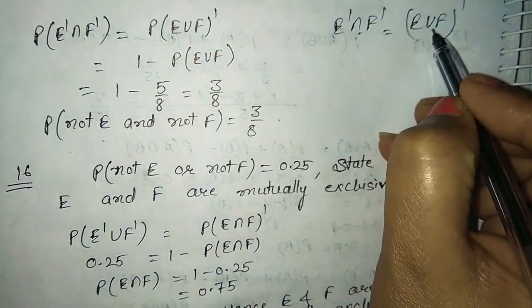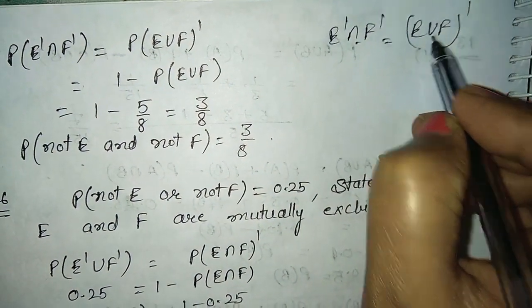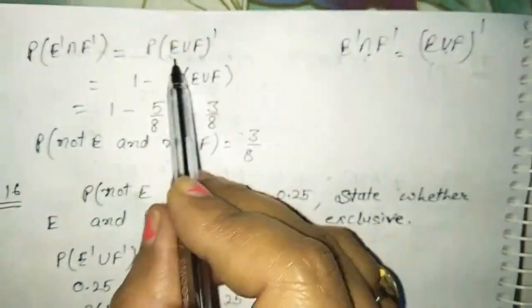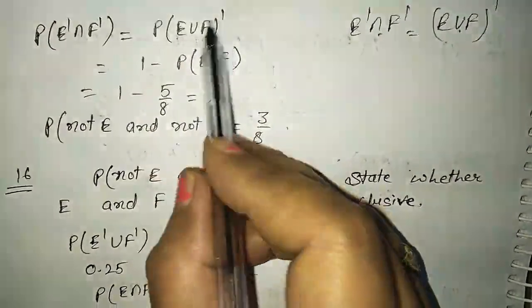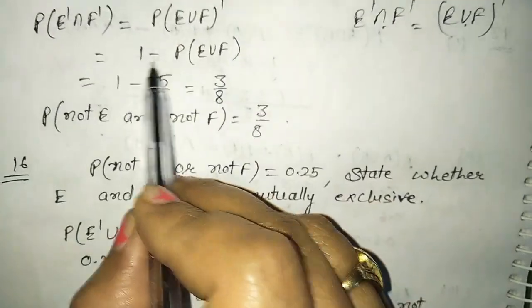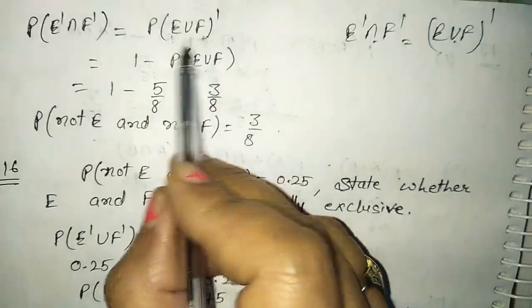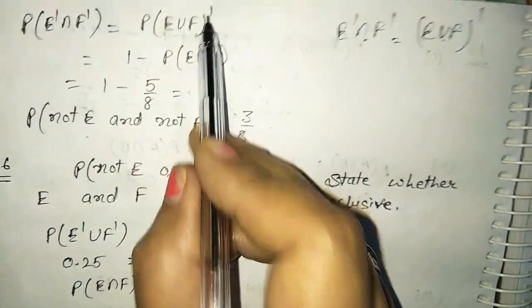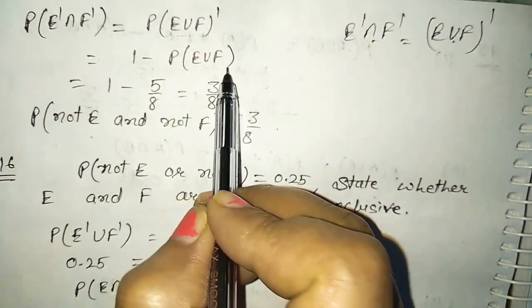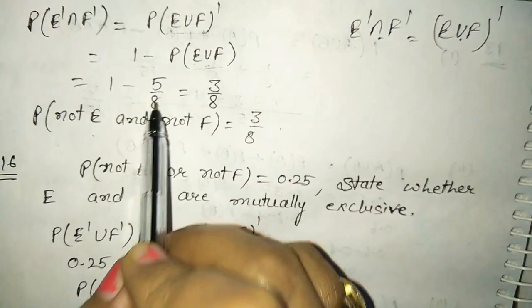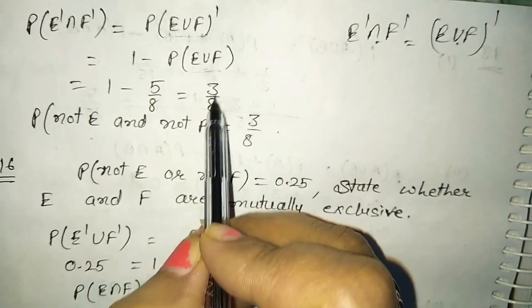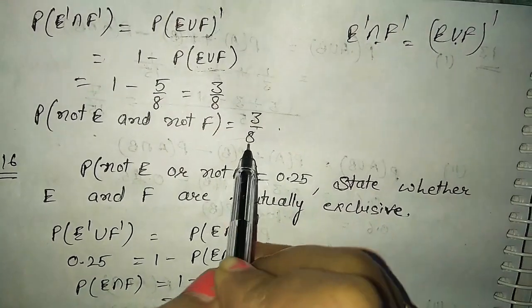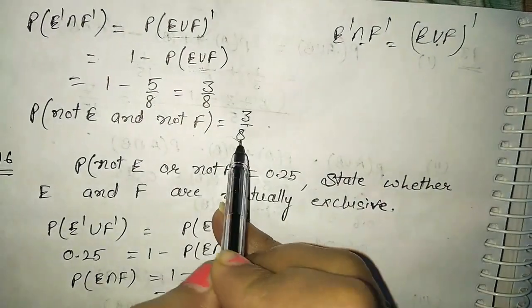Here it is intersection, there will be union. What is P(not A)? We can write 1 minus P(A). So P of (E union F) complement is 1 minus P(E union F), and P(E union F) we found in the last case, this is 5 by 8. So we will find P(not E and not F) is 3 by 8.